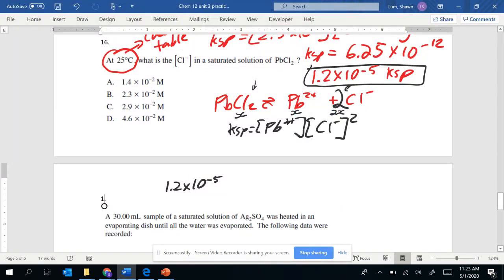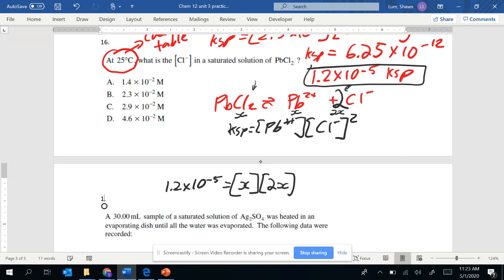Okay, so it's 1.2 times 10 to the negative 5, and that's going to equal, we don't know what the concentration of Pb is, so I'm just going to write X. Okay, we don't know the concentration of our Cl- right here. We just know that it's twice as much as Pb. So I'm going to write 2X.